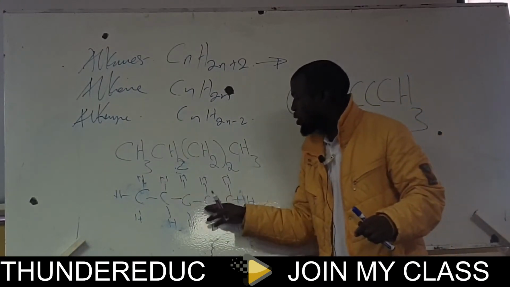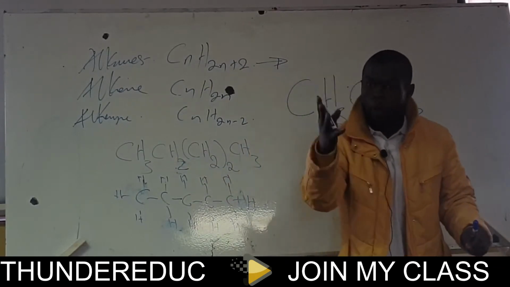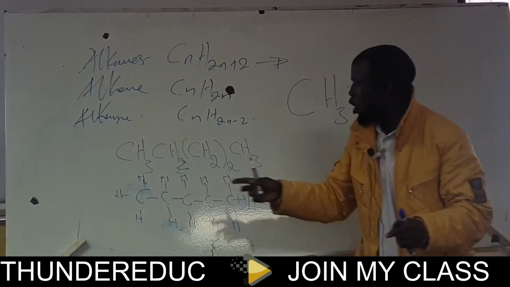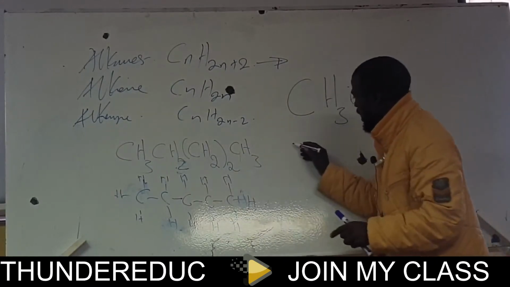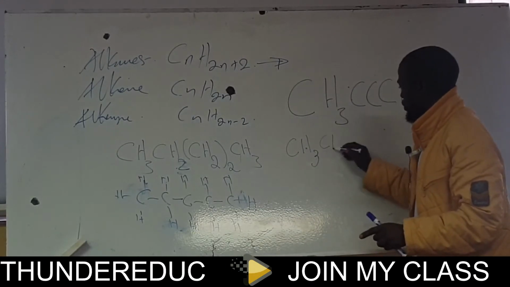Because the carbon atom is already having 4 bonds, it is full. It cannot have more than 4 bonds. Now let's look at another example, and then we see when does it become a branch.